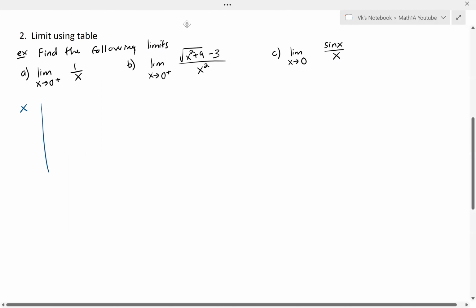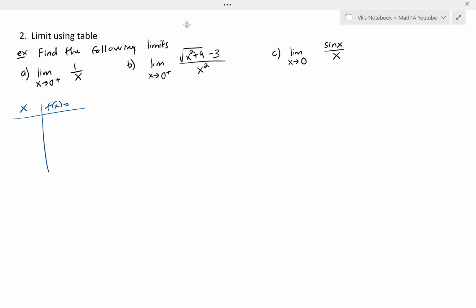x and f(x) equals 1 over x, as x approaches 0 from the right side. We can begin from 0.1. 1 over 0.1 is 10. Next number is 0.01, getting close to 0. 1 over 0.01 is 100. 0.001, then we're going to get 1,000.